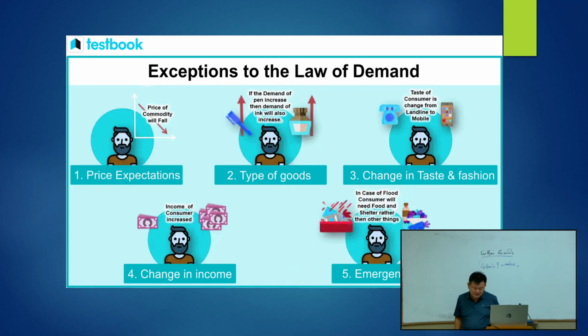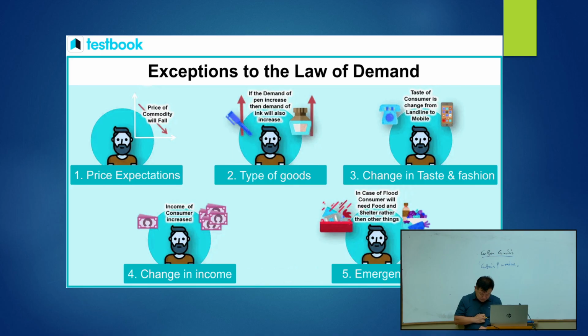And the second exception is status symbol goods, or goods of ostentation. The exception related to certain prestige goods that are used as status symbols. For example, diamond, gold, antique painting.